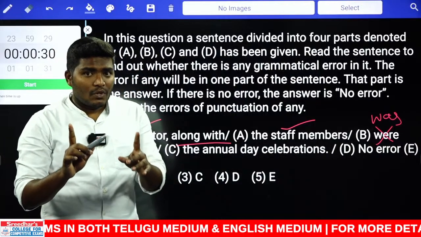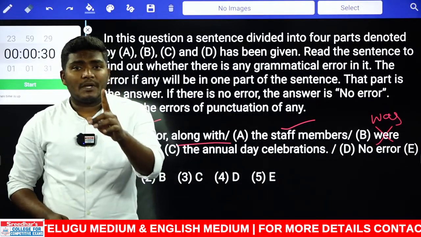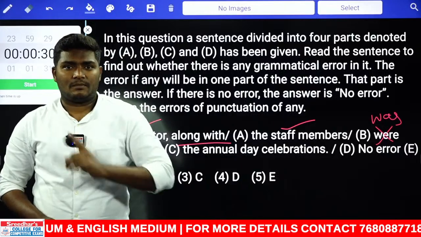Please make sure that if this question is given in phrase replacement, 100% they would give you an option as "is".